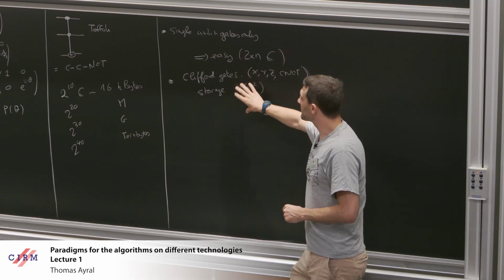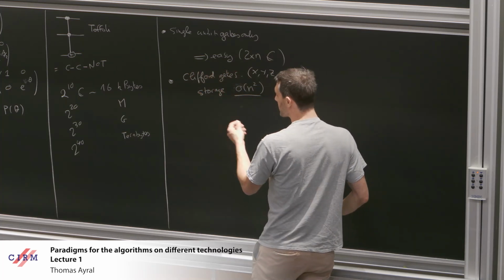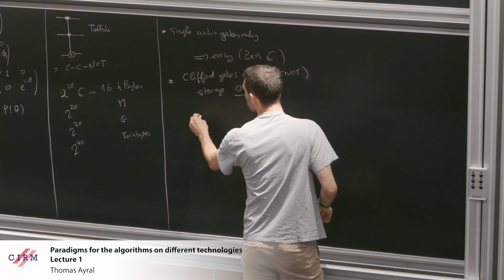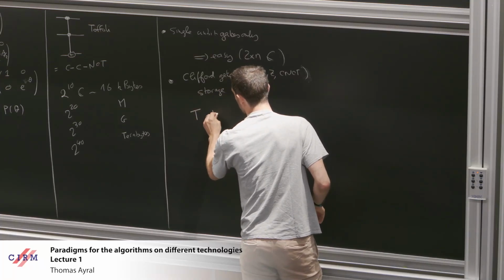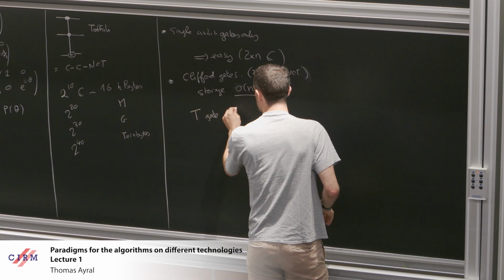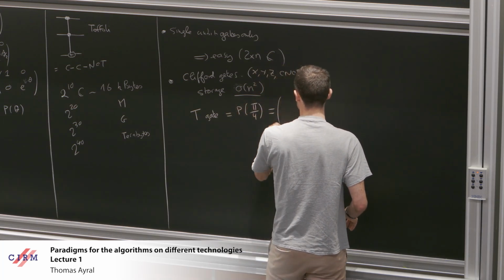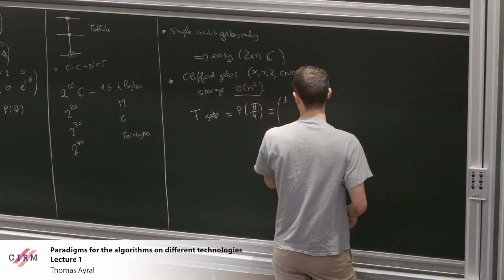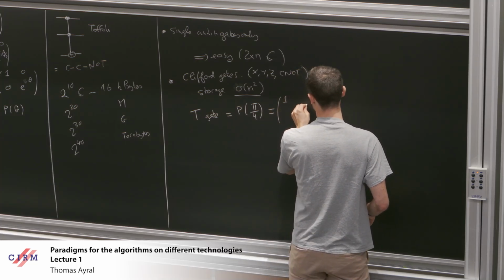And you need gates which are beyond the Clifford gate set. And one surprising result is that if you add a gate which is called the T gate, which is essentially the phase gate with pi over 4. So if I'm not mistaken, it's 1, and then the exponential of i pi over 4 like that.